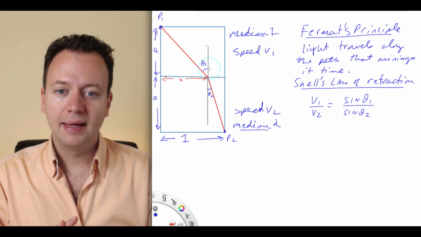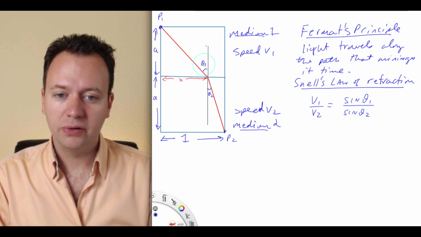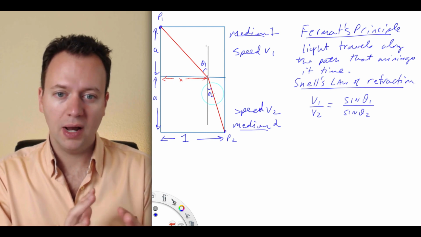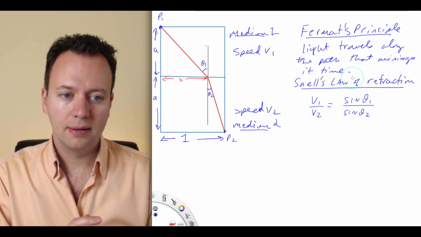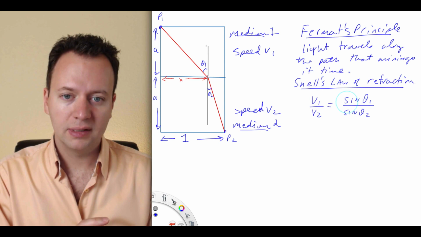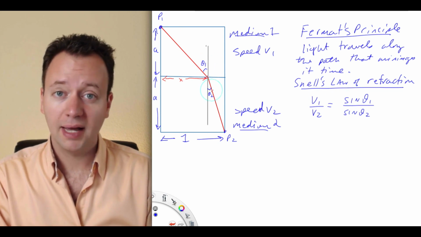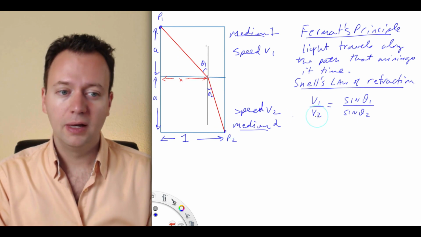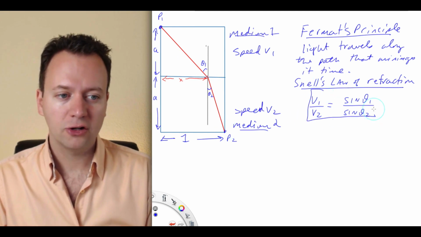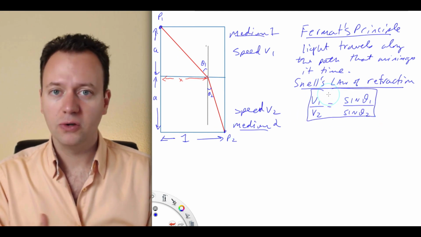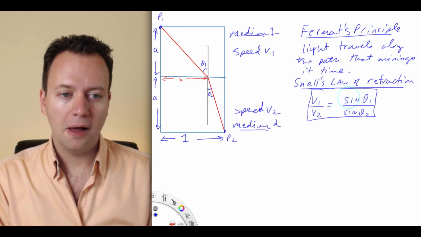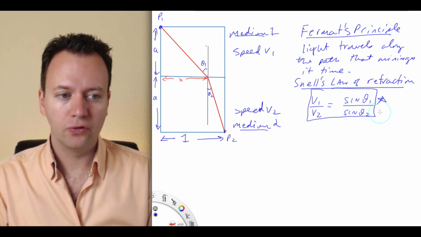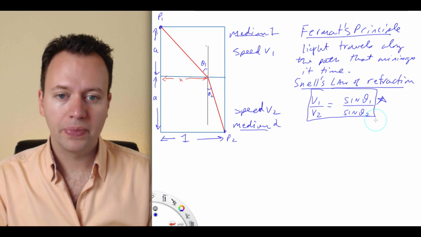So basically, the angles theta 1 and theta 2 are situated so that the sine of this angle divided by the sine of that angle is equal to speed 1 divided by speed 2. So that's Snell's law of refraction, which can then be used to deduce the angles. So this is what we're going to try to prove in this video.